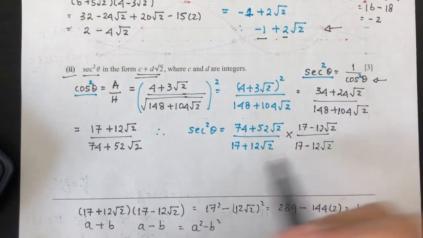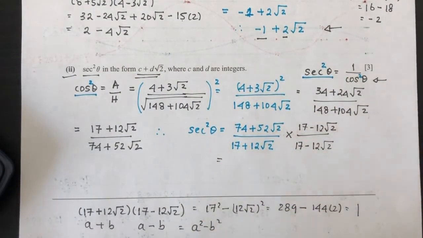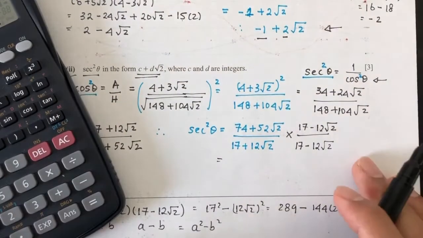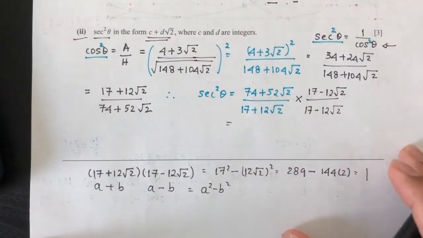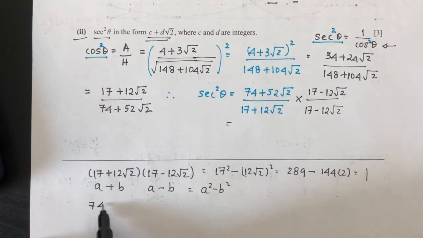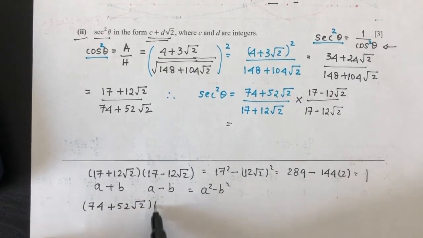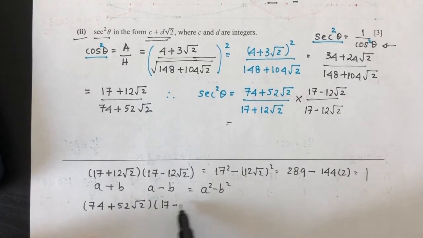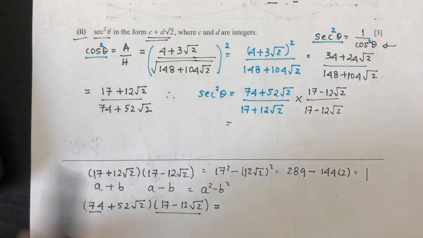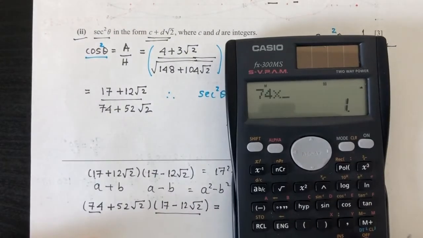Now we just have to simplify the top. The top is 74 plus 52 root 2 times 17 minus 12 root 2. What is 74 times 17?